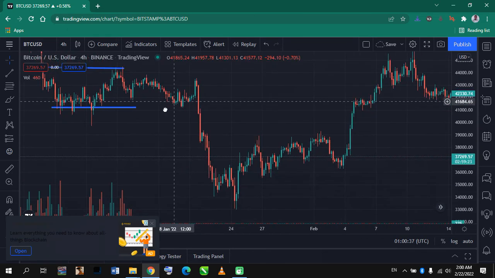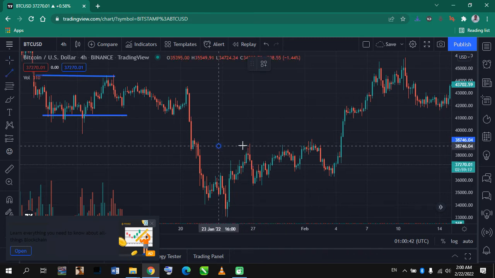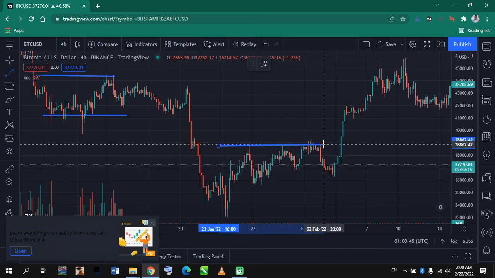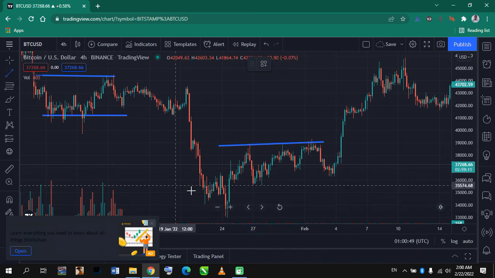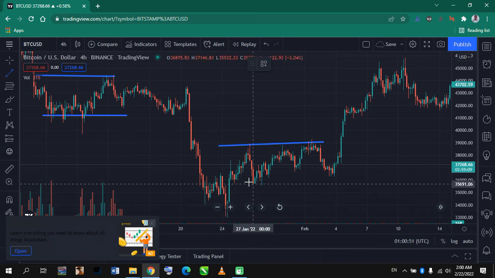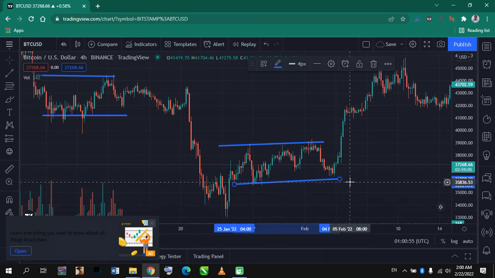Let's take a look at the next price chart. You can see another range here. This is the range of the high, and here is the range of the low. I'm supposed to discuss support and resistance, but I'm going to make another video on support and resistance.